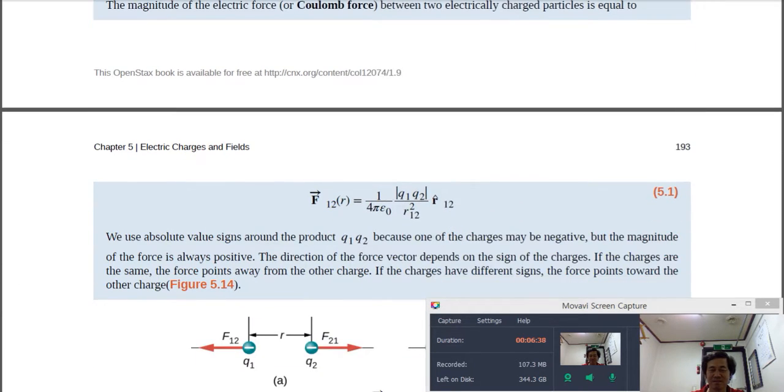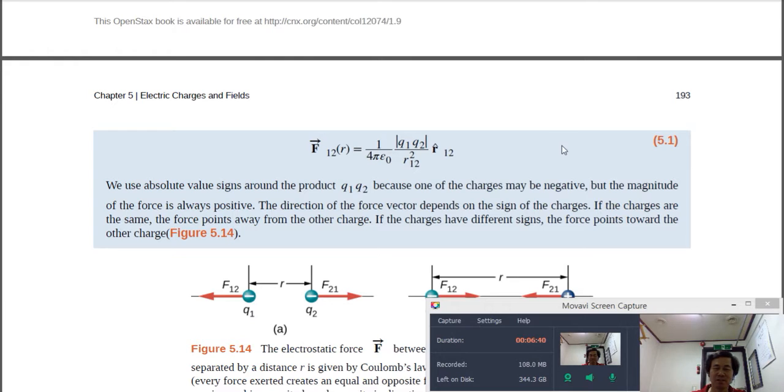To have a dimensionally correct expression, on the left hand side we have force, and on the right hand side we have charge squared over distance squared. So to have the correct dimensions, he introduced the constant, which is 1 over 4 pi epsilon 0.